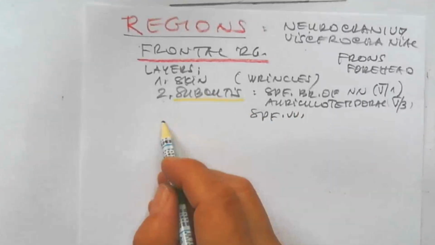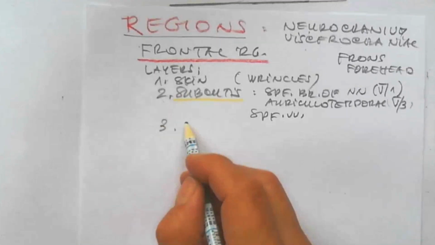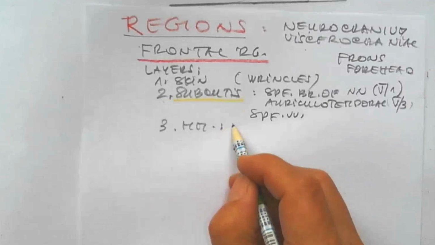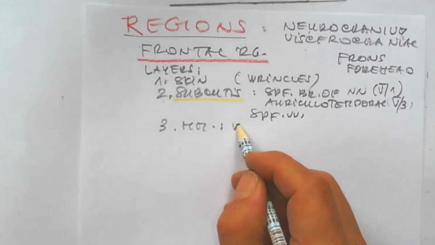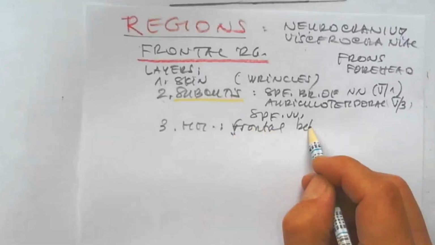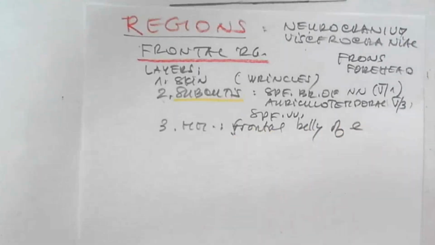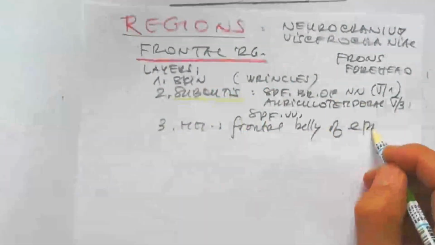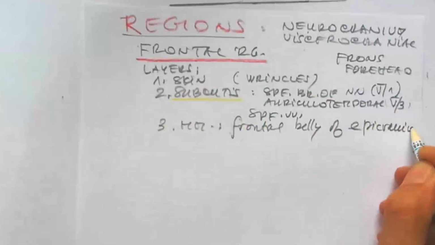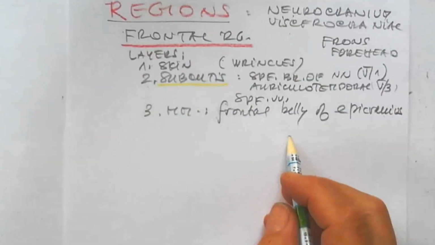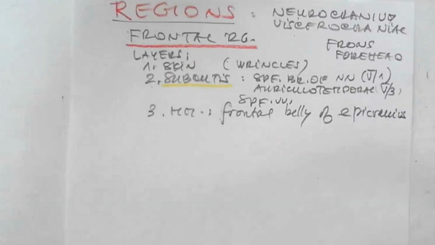But then follows the layer of the muscles. They are muscles of facial expression. We could say that this is the ventral or frontal belly of epicranius, frontal belly of epicranius, correct. And at the same level, there is also part of orbicularis oculi.